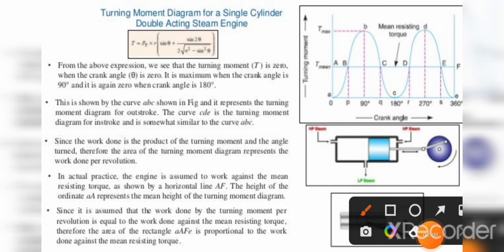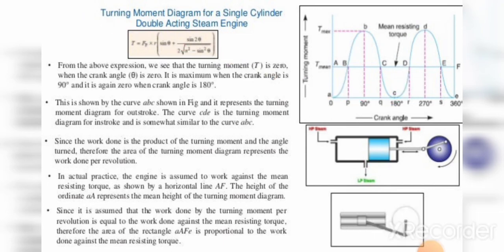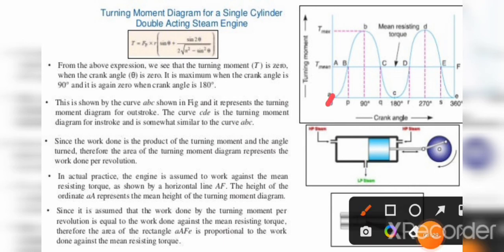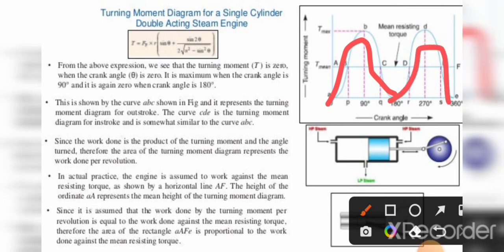From this we can see that curve ABC represents the turning moment for the outstroke, and curve DE represents the turning moment for the instroke.